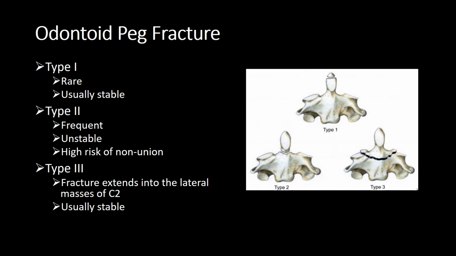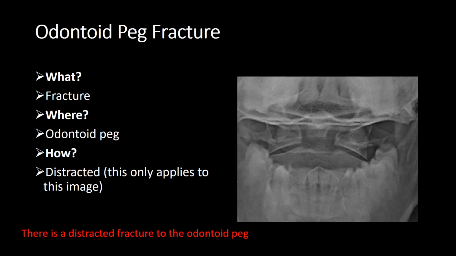So let's have a look at a type 2 fracture radiographically, the most common out of the three peg fractures. A is for adequate. While the maxilla does not superimpose the occiput, you could repeat this to get a better visualization of the odontoid peg.